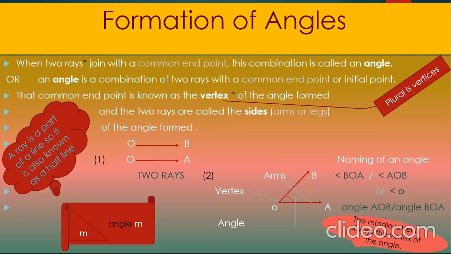Two rays, each of them having one fixed endpoint and another side which can extend endlessly. Such two rays, when joined at their endpoints, that combination is called angle.